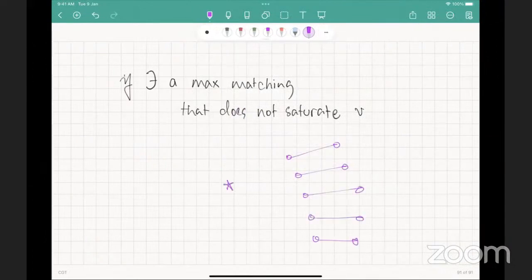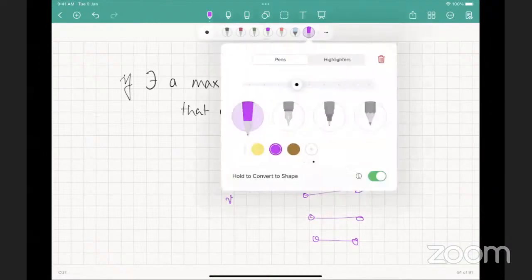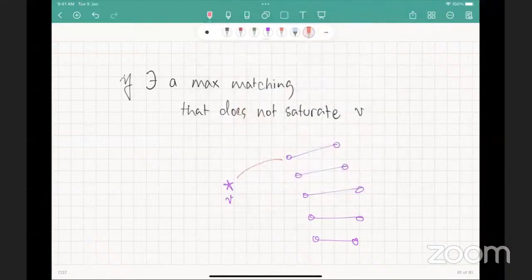So you have the vertex V, and now because again, this is a maximum matching, no matter what move the first player makes, they are going to land up inside the matching, right? Because if they're able to make a move that lands up outside the matching, then this edge can augment this matching, which will contradict our assumption that it is a maximum matching, right?